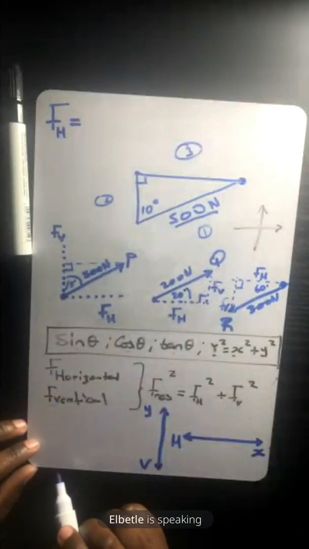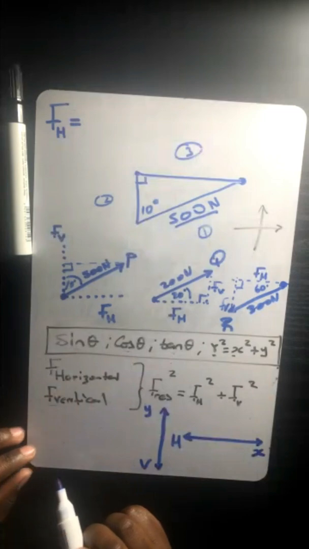Which means I was looking at it at the wrong angle, because I thought that was the horizontal and that was the vertical. No, so always a line drawn from top to bottom is the vertical line. A line drawn from left to right or right to left is horizontal.